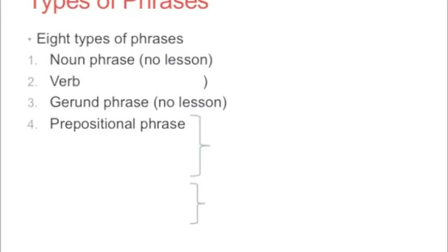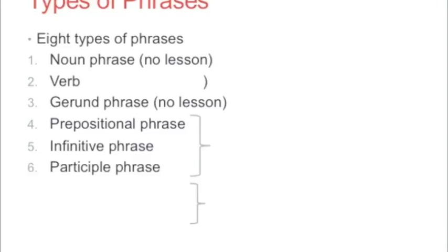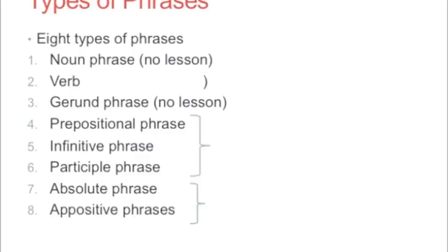So in that first lesson, I'll cover prepositional phrases, infinitive phrases, and participle phrases, sometimes called participial phrases. And then in the next lesson on phrases, I'll cover absolute phrases and appositive phrases. Okay, so I'm going to continue on in this video covering prepositional, infinitive, and participle phrases.